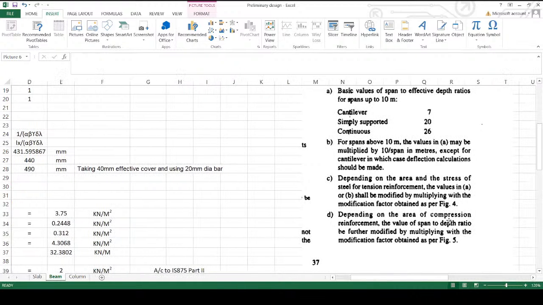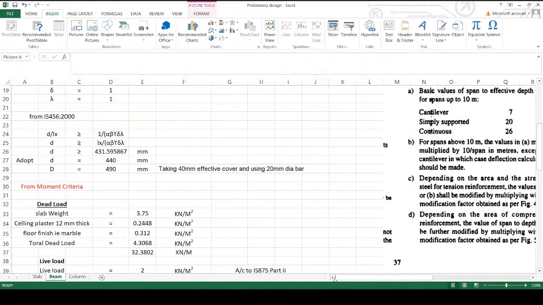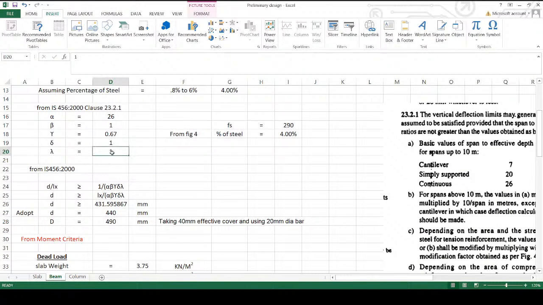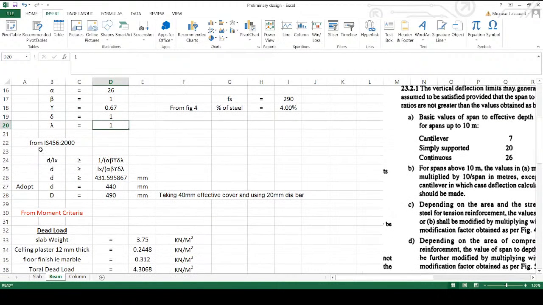delta and lambda. Delta is for the compression reinforcement and the other is this one. So in that way we ordinarily take 1 and 1, because for the compression and tension side there is 1, so they have taken 1. In IS 456, the derivative d by dx is greater than or equal to 1 by alpha plus beta by gamma, and we have to calculate d from this. d is equal to 431, so d should be greater than 431, so I'm going to take 440 mm.